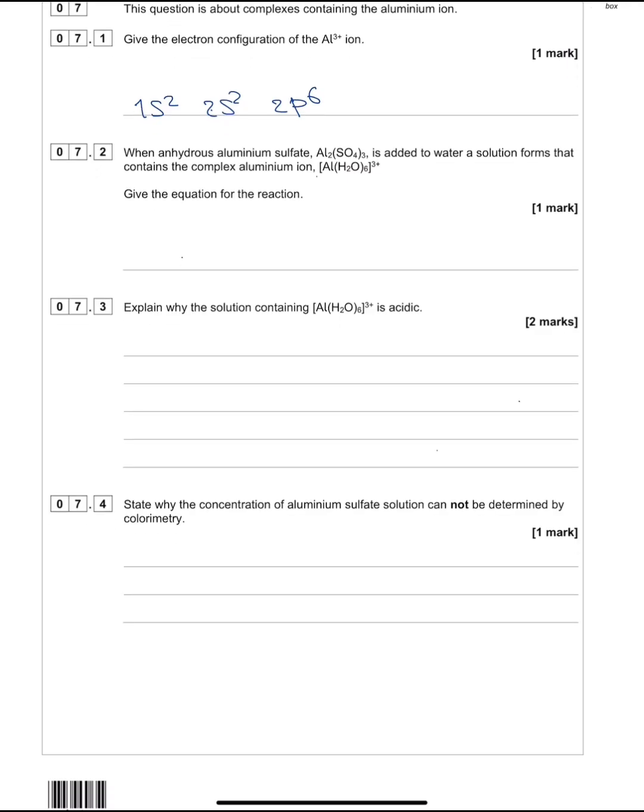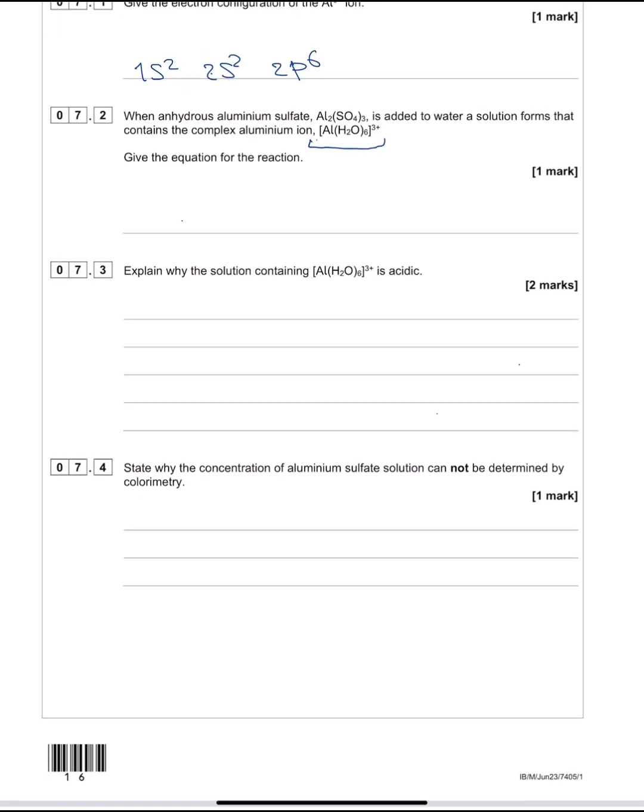When anhydrous aluminum sulfate is added to water, the solution formed will contain the complex aluminum ion, which is Al with 6 water molecules. Give the equation for this reaction. So this is like a substitution. We're going to substitute the sulfate with the ligand, which is water this time.